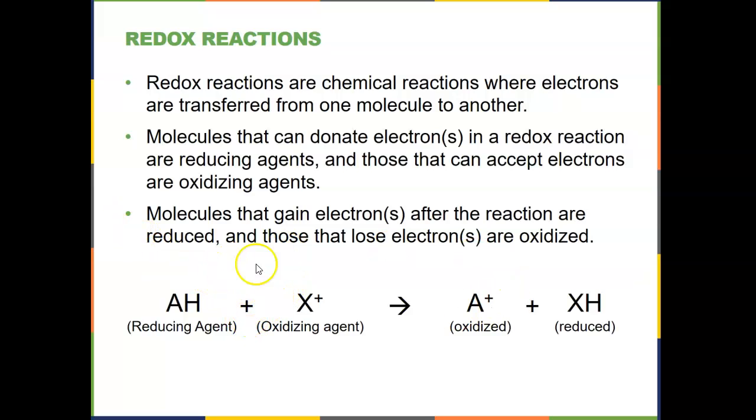But in all cellular respiration and photosynthetic pathways, we've got something that is being oxidized and something that's being reduced. So in cellular respiration, the fuel is the agent that is being oxidized, the reducing agent. The oxidizer is oxygen.